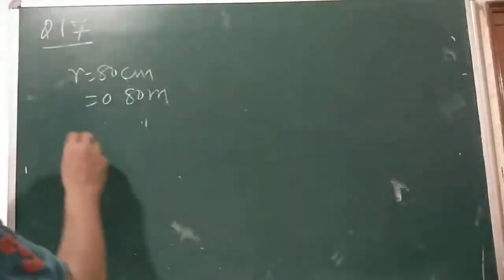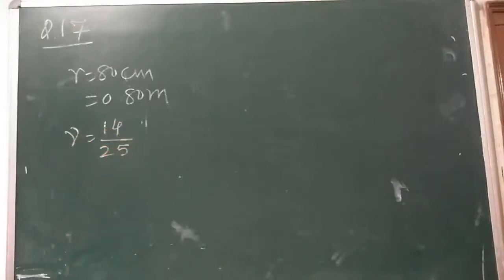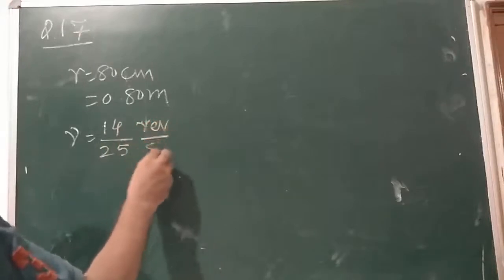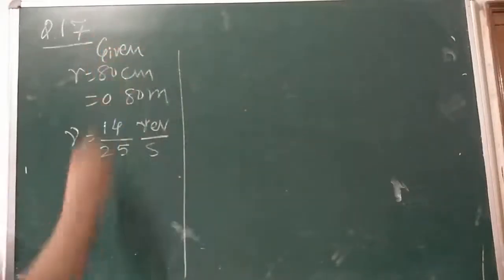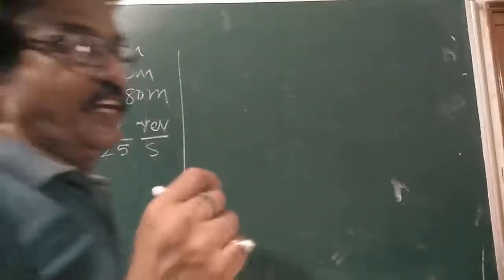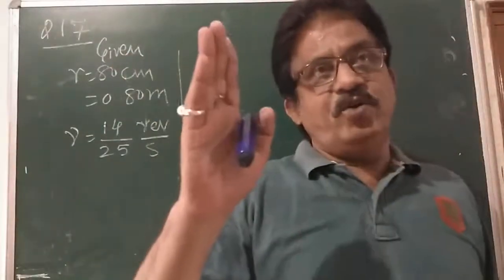So write down here the frequency, that is 14 divided by 25 revolution per second. Is it clear? So these are the things given. What is the formula of our centripetal acceleration? Sir, I know.